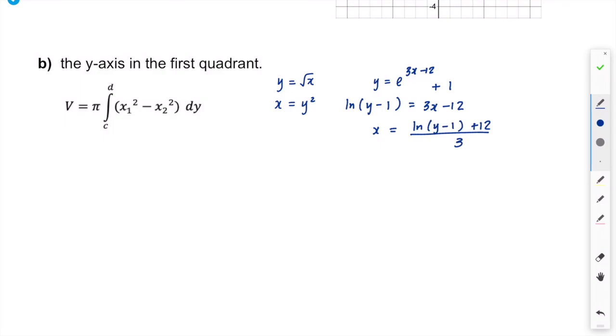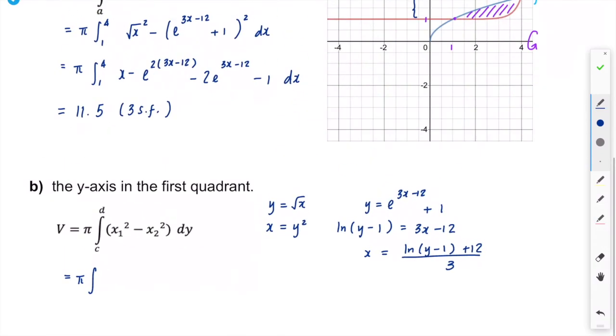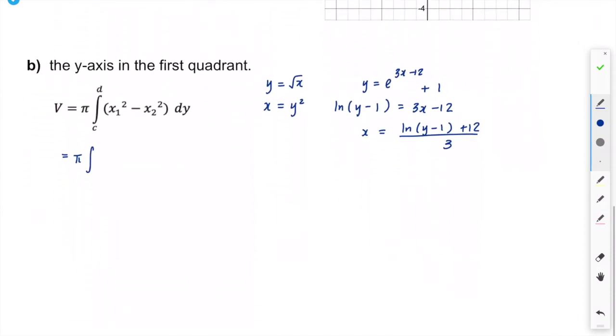We will be doing this using the graphing calculator, so I'm not too worried about this function being too complicated. So here I have pi. This time we're going from 1 to 2. The outside function in this case is actually the ln function.